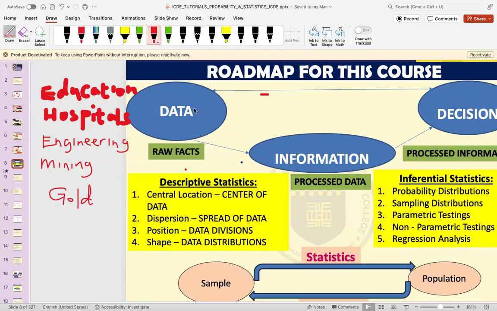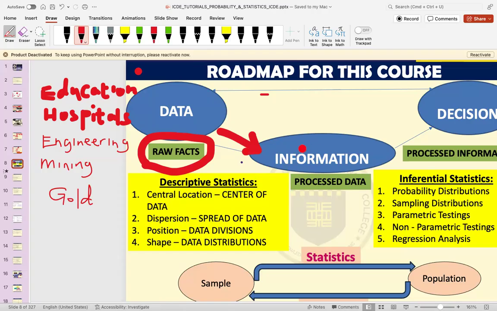But unfortunately, data itself is not useful unless you modify it before you use it. That is where we have the challenge. Data itself is not useful. So we say data are raw facts. If you want the use of data, it means you need to change it into information, like you're seeing here.